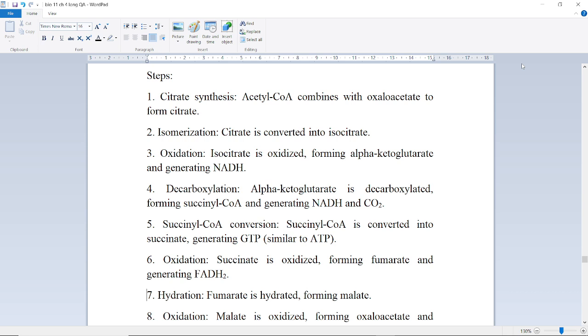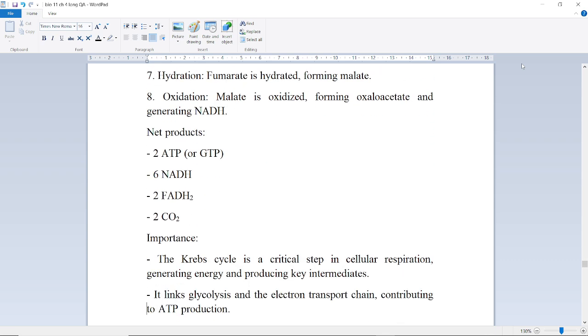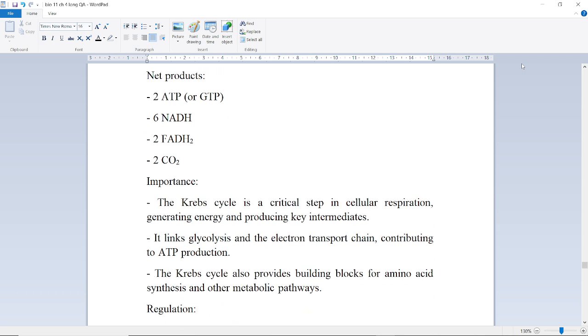Oxidation: succinate is oxidized, forming fumarate and generating FADH2. Hydration: fumarate is hydrated, forming malate. Oxidation: malate is oxidized, forming oxaloacetate and generating NADH. Net products: 2 ATP or GTP, 6 NADH, 2 FADH2, 2 CO2.